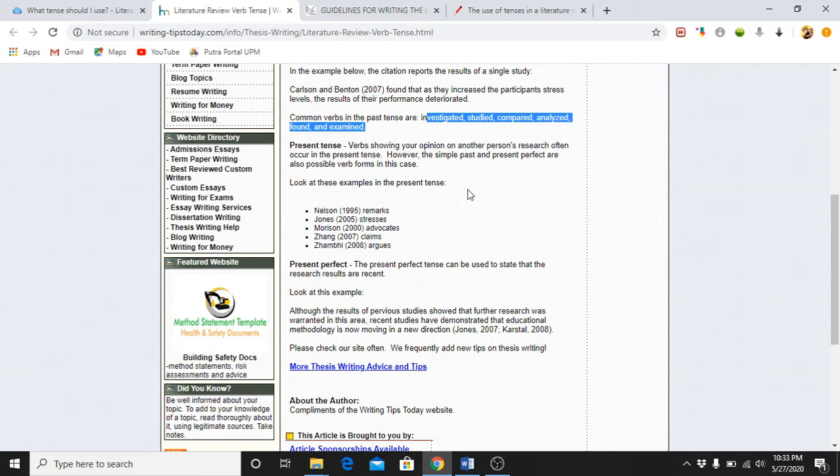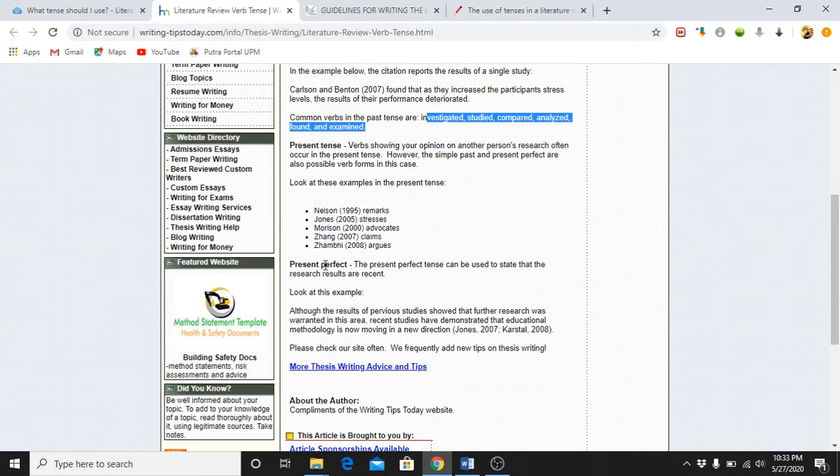For example, Nelson remarks, or you can also use Nelson stresses, advocates, claims, argues, all these in the present tense. So this is the opinion. It's not the finding in the research. It's just opinion, the author's thinking. What is their thinking?